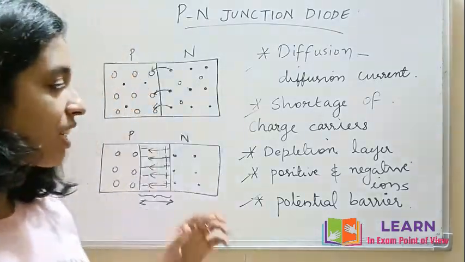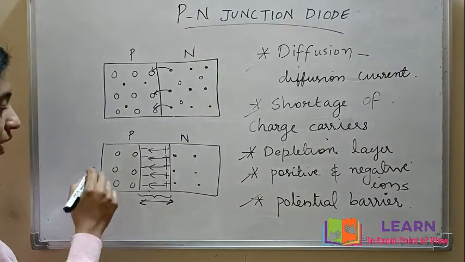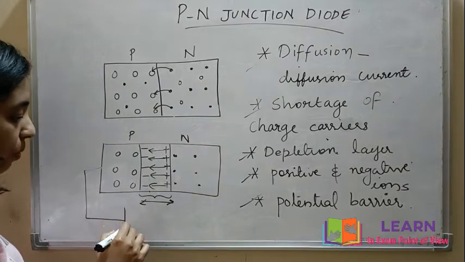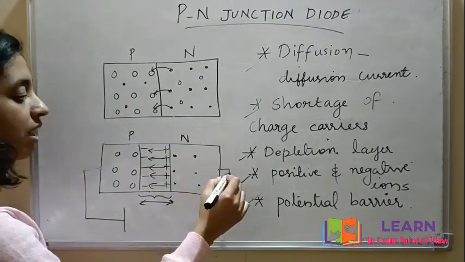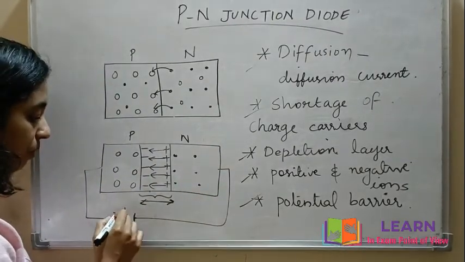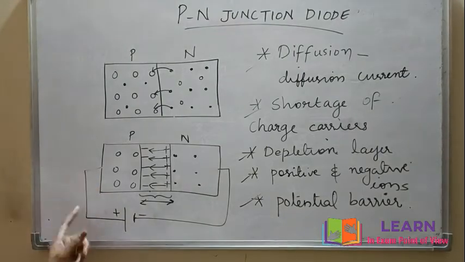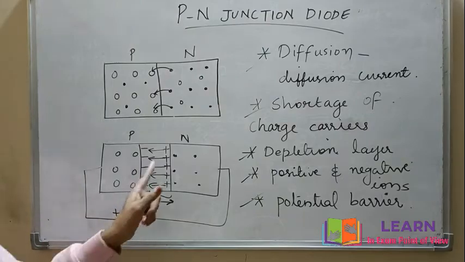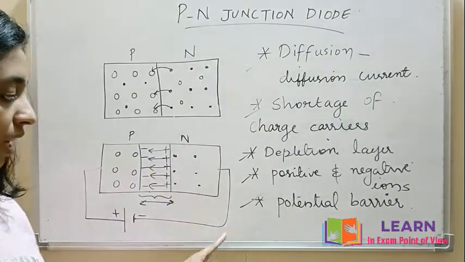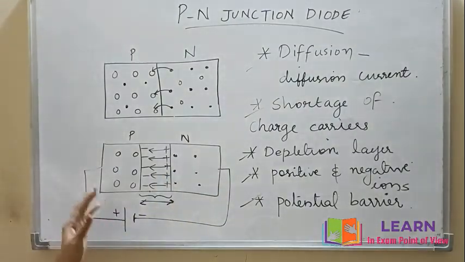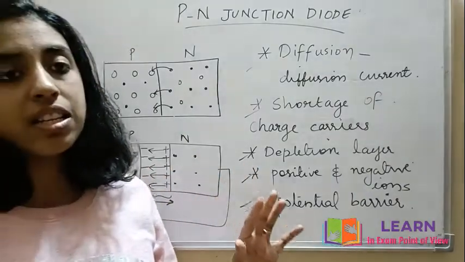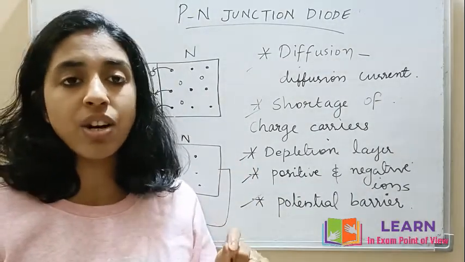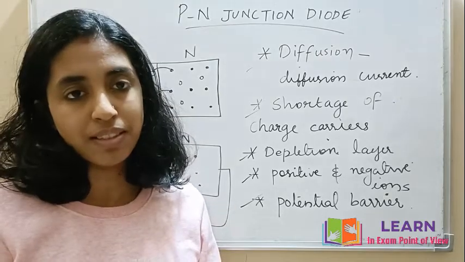Forward biasing means that if we connect the P part to the positive and the N part to the negative terminal of the battery, then such a connection is known as forward biasing, the true connection.